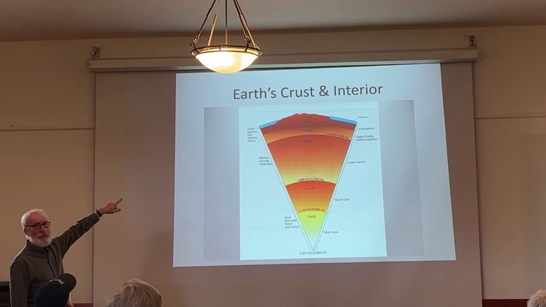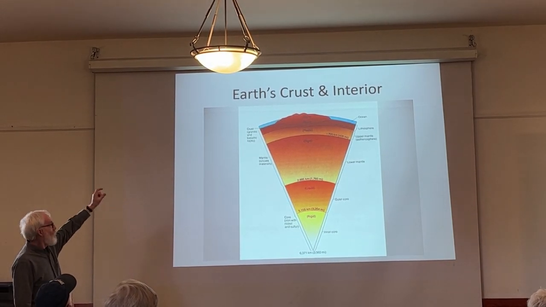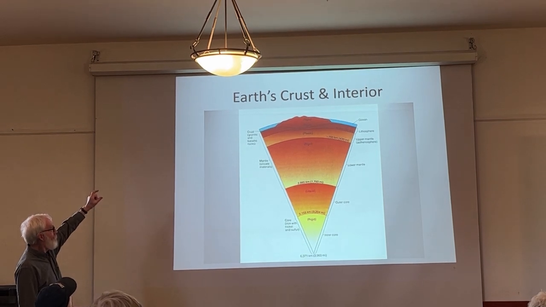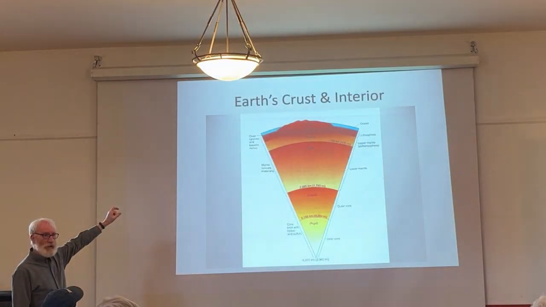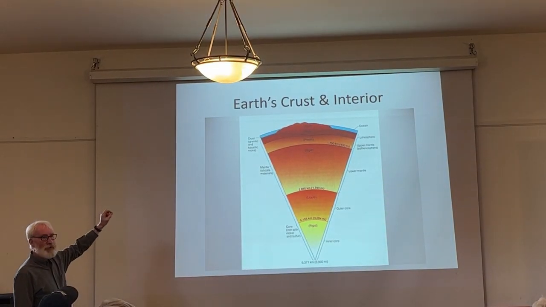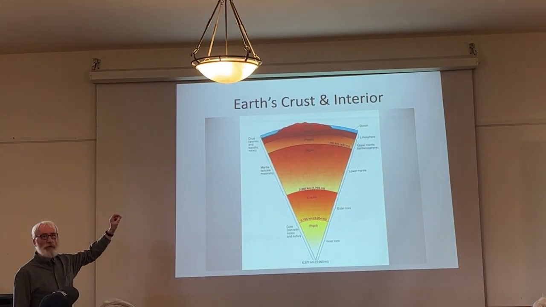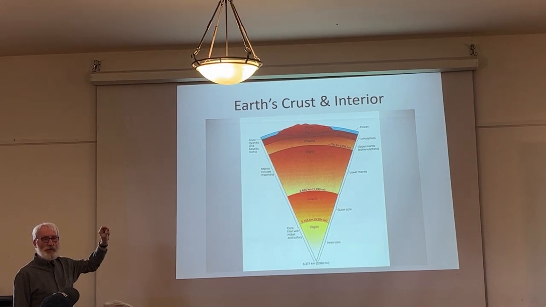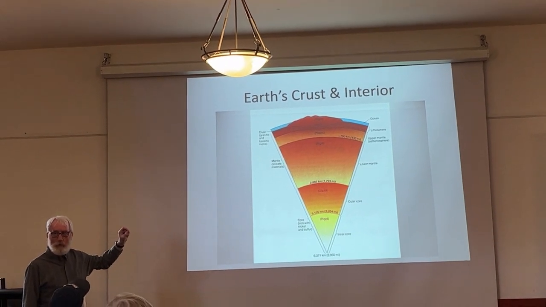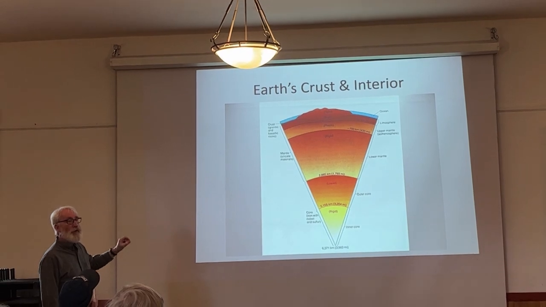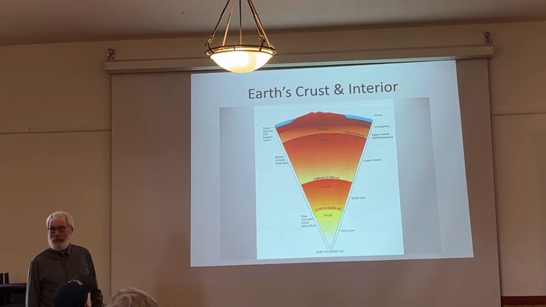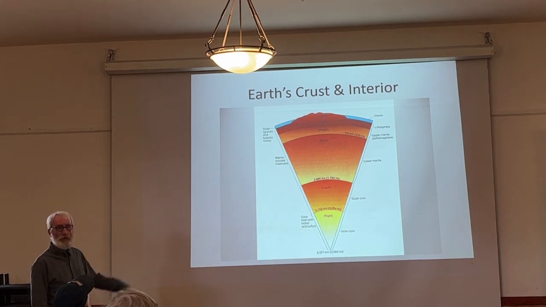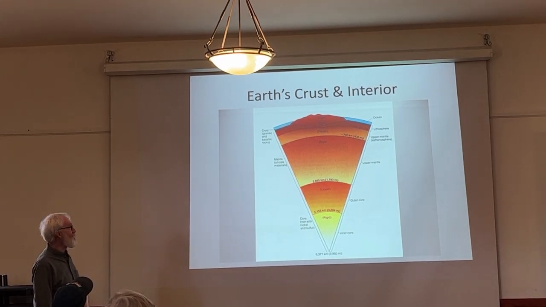This has what we call vertical exaggeration. The top part is much taller than it should be. In actuality, the thickness of the crust is about the thickness of the skin on an apple. And further, all we know about the Earth is in the upper part of the crust. We've never drilled below the crust because there's lots of complications and it's way too far down.